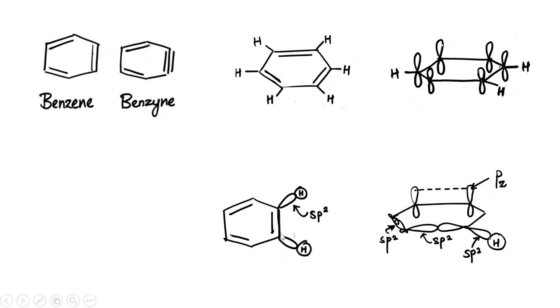Means from the 1 and 2 positions, if we remove two hydrogen atoms from these sp2 hybridized orbitals, right? After elimination of these two hydrogen atoms, you will get free sp2 hybridized orbitals, and because of overlapping of these two orbitals, the formation of a new bond will take place. It will give you benzyne.